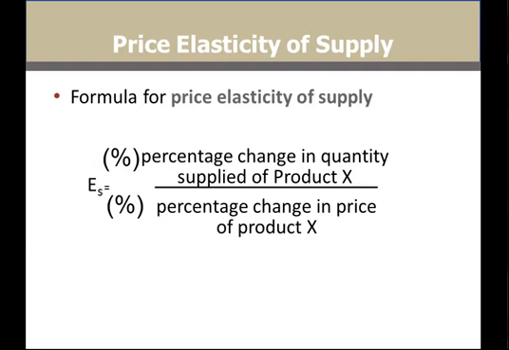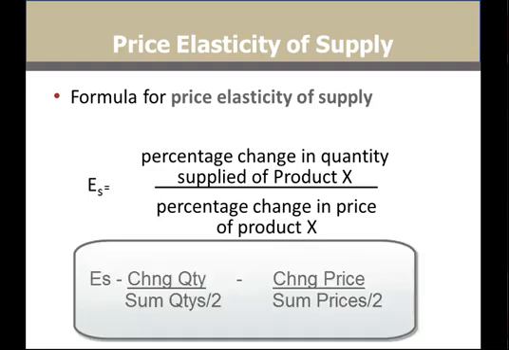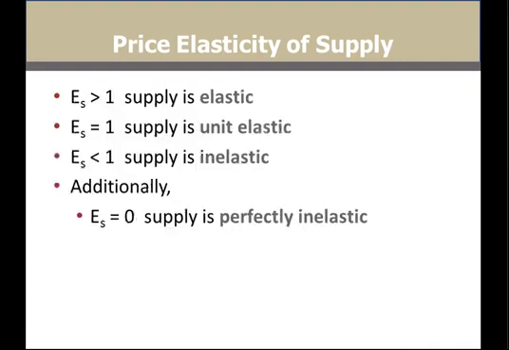The elasticity formula is the same as that for demand, but we substitute the word supplied for the word demanded everywhere in the formula. Just like with price elasticity of demand, we will compute the price elasticity of supply using the midpoint formula. Elasticity of supply will always be positive since price and quantity supplied move in the same direction.